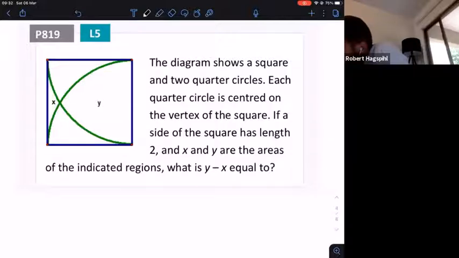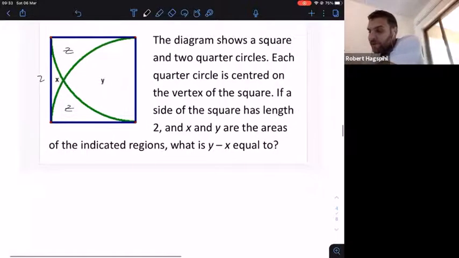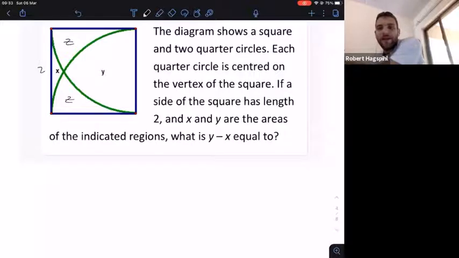It says that these are quarter circles. And it also says that the side length of this whole thing is 2. I don't know what this area is at the top here, so I'm going to call it Z, and the bottom I'm also going to call Z. Now is everybody with me that I can automatically start and say x plus z plus z plus y is equal to 4?